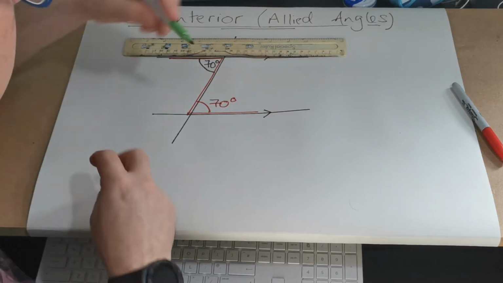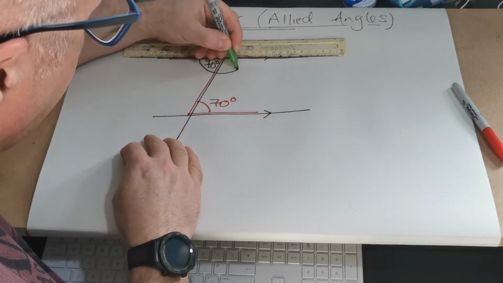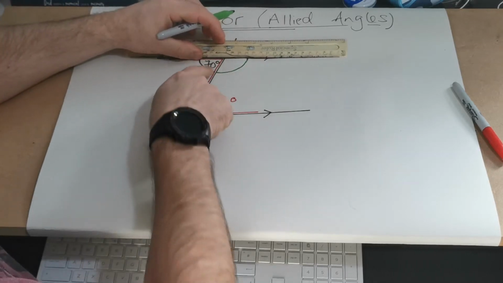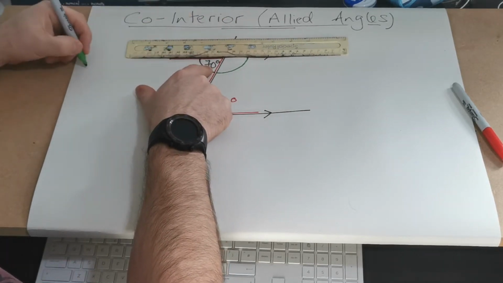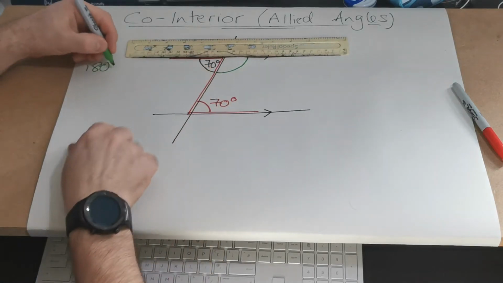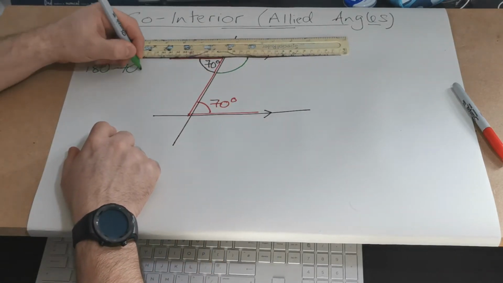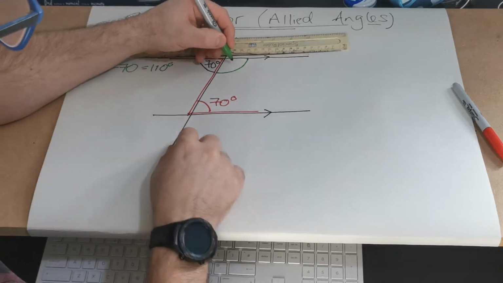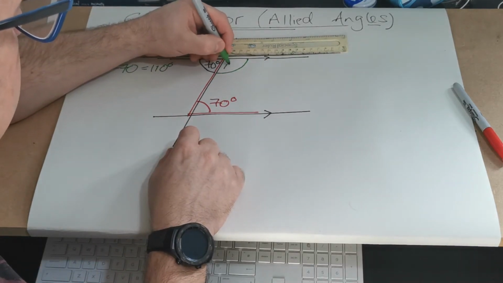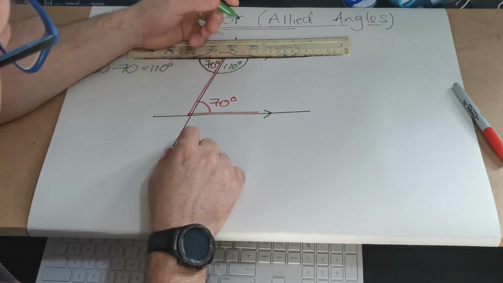So this angle here, in connection with this angle, must add up to 180 degrees. Well, 180 take away 70 is 110 degrees. So this one must be 110 degrees too.